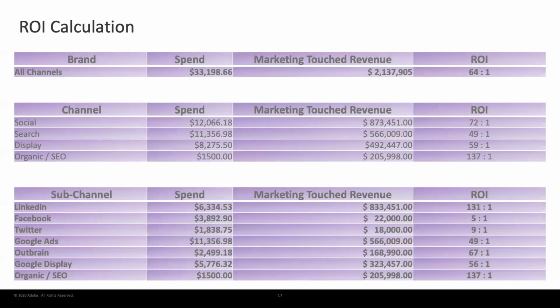So we're also going to be thinking about ROI calculation today from several different perspectives. We're going to think about it from a brand perspective across all channels. How much are we spending, and what's the marketing touched revenue that's the output of that? We're going to talk about that from a channel perspective, so breaking it down a little bit more, and then also sub-channel.